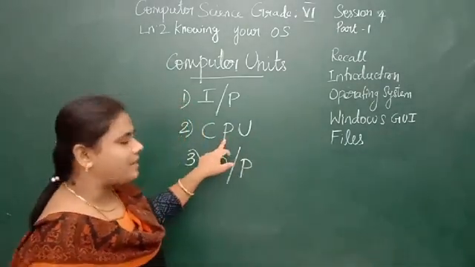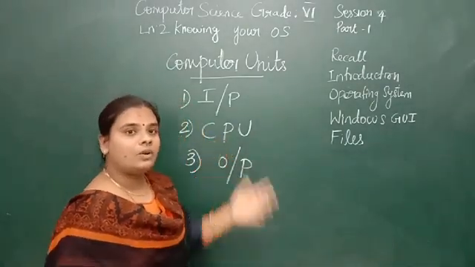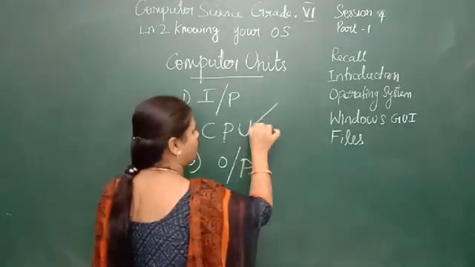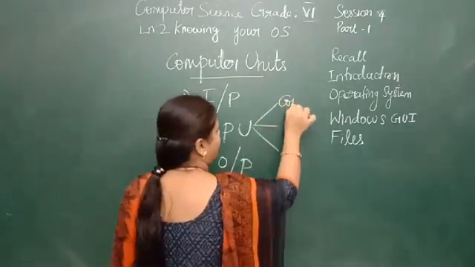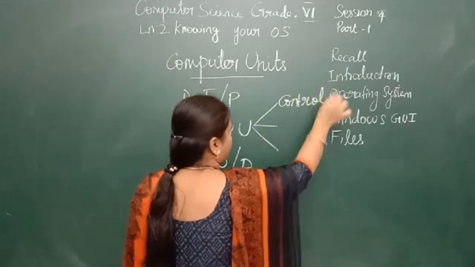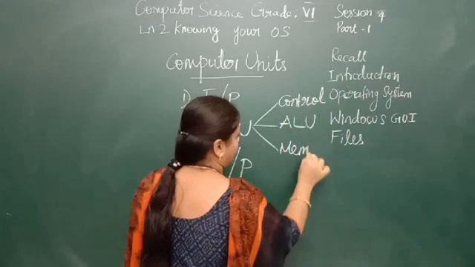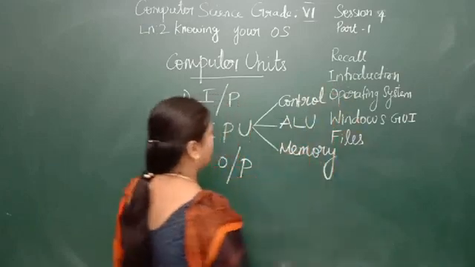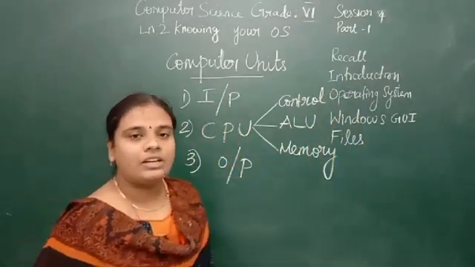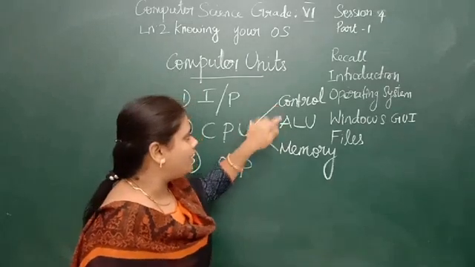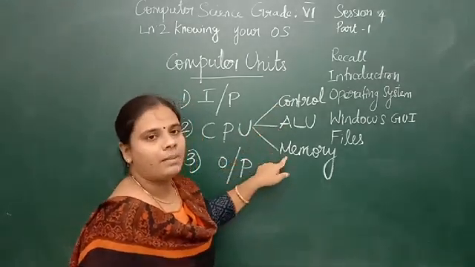The central processing unit is divided into 3 units: control unit, arithmetic and logic unit, and memory unit.